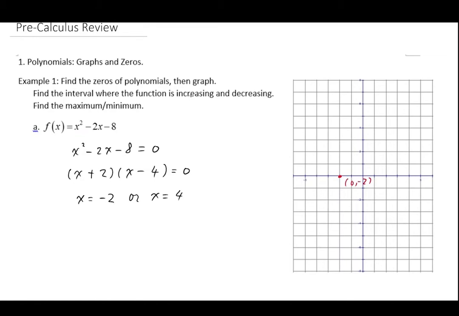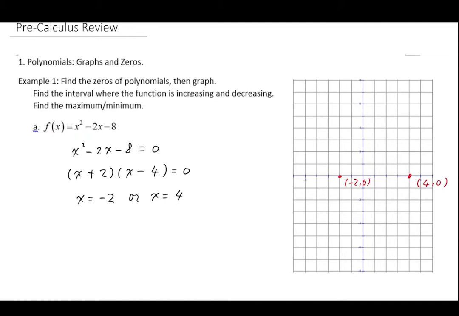And the other point, when x is equal to 4, my y value is equal to 0. As you can see, if I substitute 4 here, then that term becomes 0. So the other one is right there. So that point is, my bad, this is negative 2, 0, and this is 4, 0.